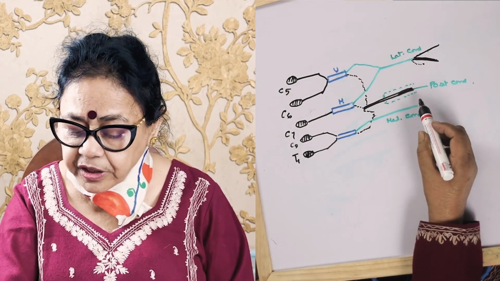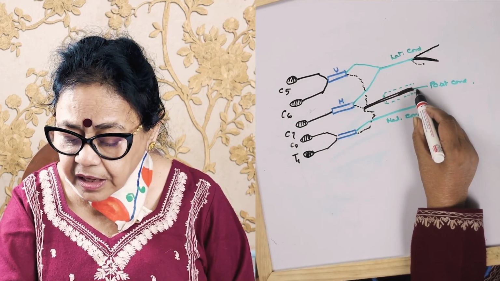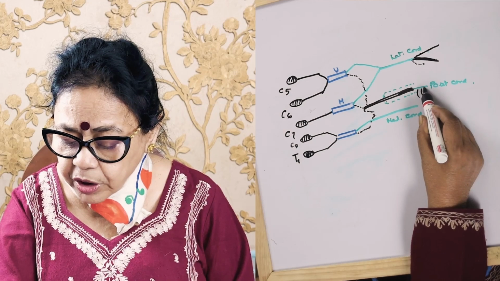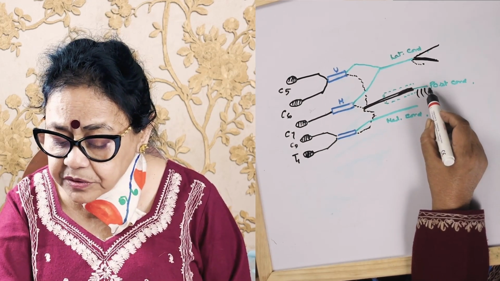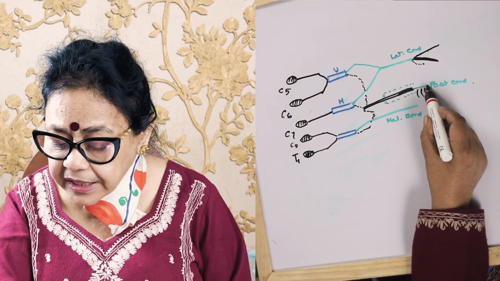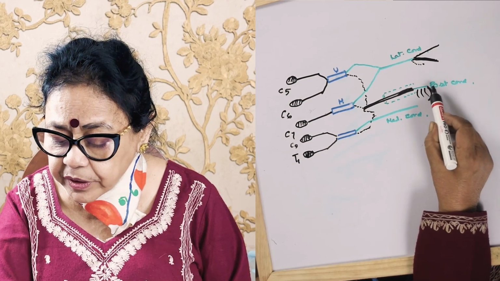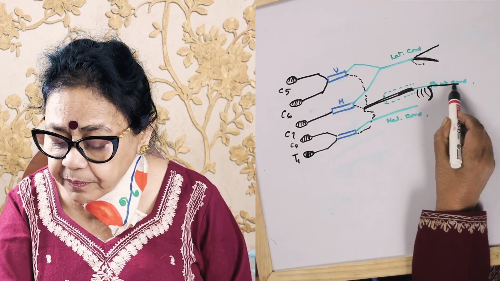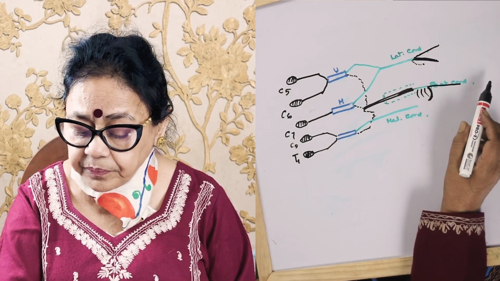From the posterior cord there branch the upper subscapular, lower subscapular and thoracodorsal nerves, and there are two main nerves: one is the axillary, which winds around the surgical neck of the humerus, and another is the radial nerve, which supplies the extensor muscles of the arm and the forearm.